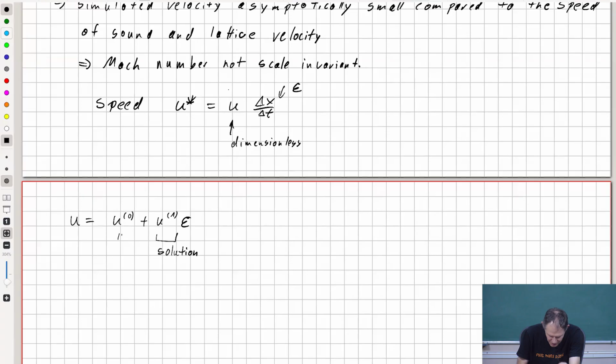So this here must be set to 0. Because if this was not the case, we would have an error term that is asymptotically larger than our results, which is obviously inconsistent because there's no way to separate them. So we have to set this here to 0.